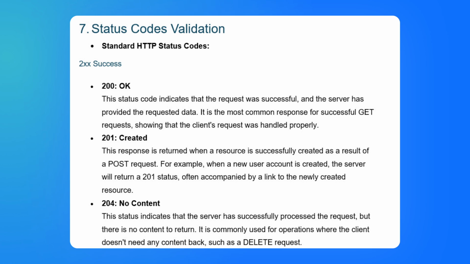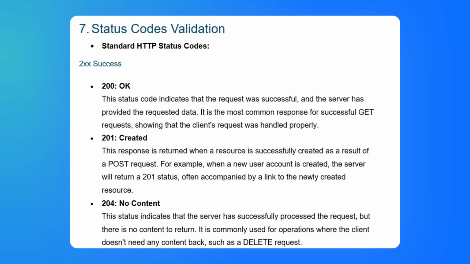Then we have status code validations. 2XX for success, 200 for OK. This status code indicates that the request was successful and the server has provided the requested data. It is the most common response for a successful GET request, indicating that the client request was handled properly. Then 201 created.